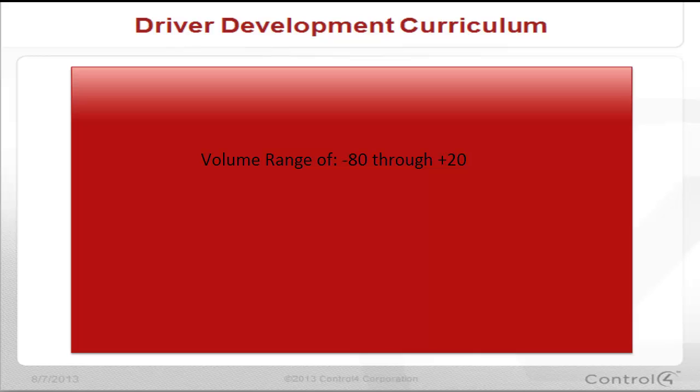Consider a receiver protocol that communicates its volume levels across a range of values that consist of -80 through +20. The Control4 receiver proxy only recognizes volume values using a range of 0% through 100%. In order to successfully parse the volume change string from the receiver, we will need to modify it so the proxy can understand it.